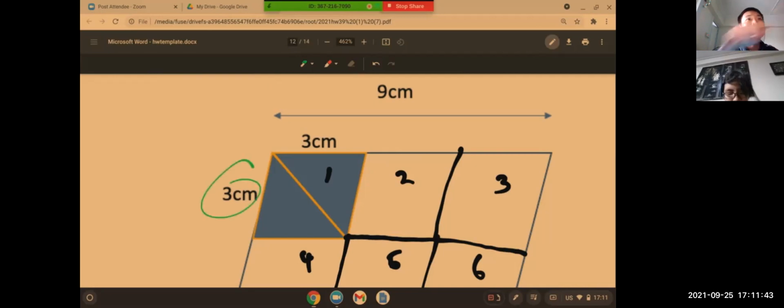Okay. Is this the height? No. Why not? It's not a straight line. It's slanted. So can you measure your slanted height as your height? No. Then how come you assume this is the height? And by the way, base times height is the formula for what? Area or what?